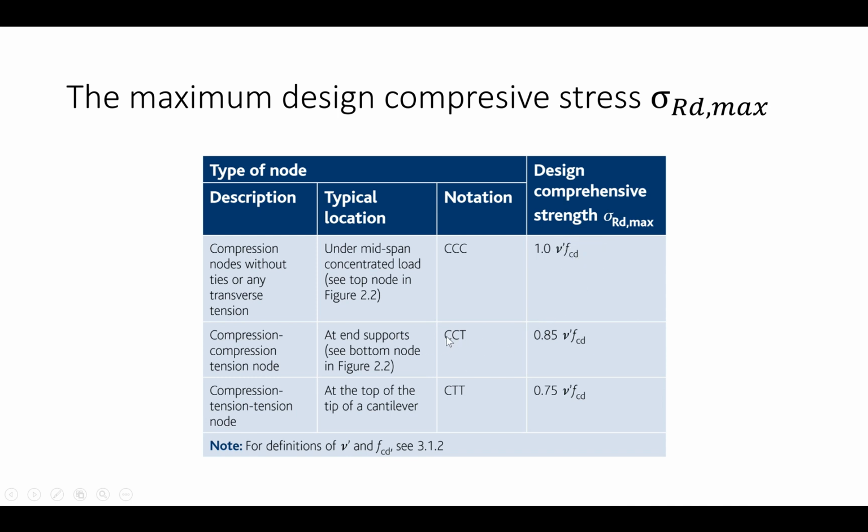But if the node contains tension, we receive 55% of the Neufrim SCD, and if it contains 2 tensions, we have to reduce more, so we apply 0.75 multiplied by Neufrim SCD. This is important, so we will not apply the same compressive strength of the concrete in every node. It depends on the type of the node zone.